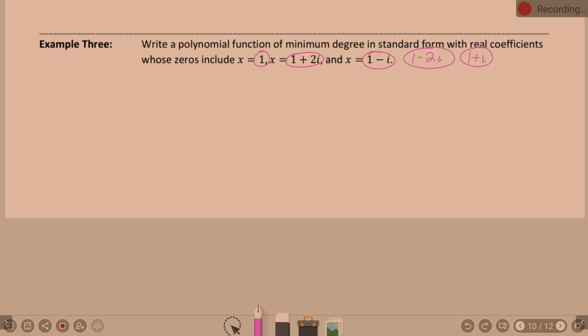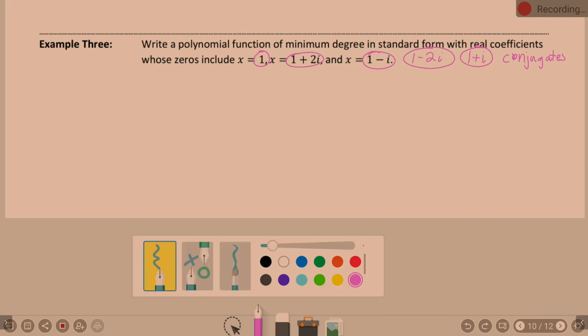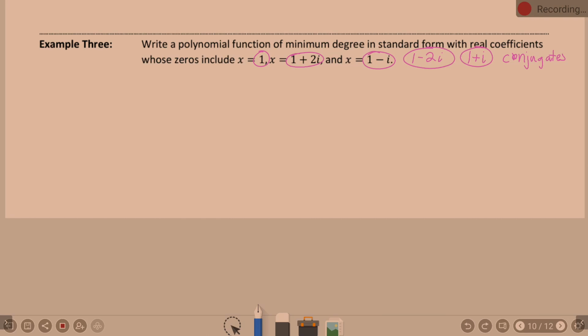So, yeah, fun stuff. Okay? Let's write it out. These were my conjugates. Okay? Now, it wouldn't surprise me if I go off my paper here. There's a lot to do here.